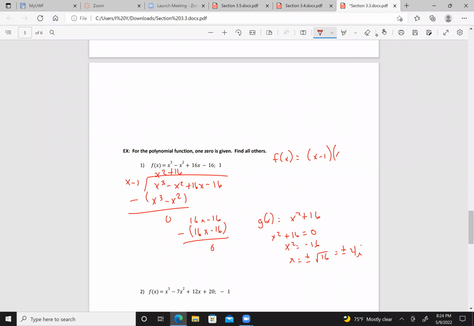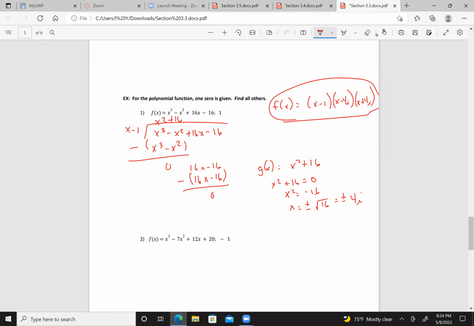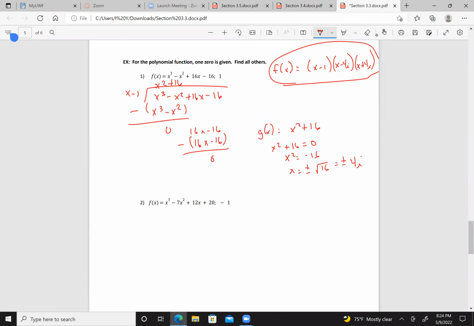So I have x minus 4i, x plus 4i, and that would be my factors. So all the others would be 4i plus or minus. So this would be 2, and this would be the third one. Zeros wise, I forget what we're looking for here. So my zeros are 1, 4i, negative 4i.